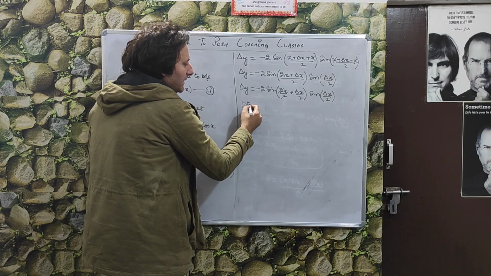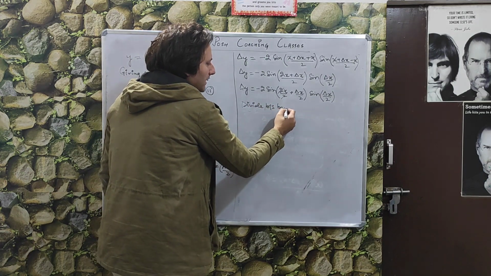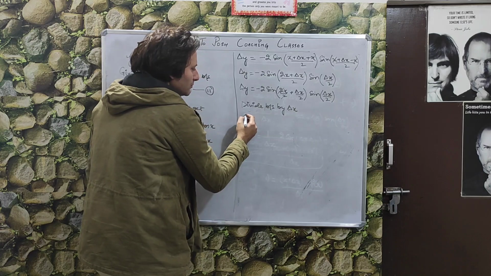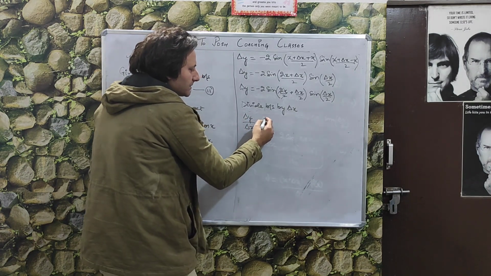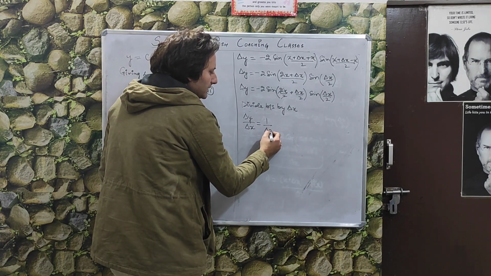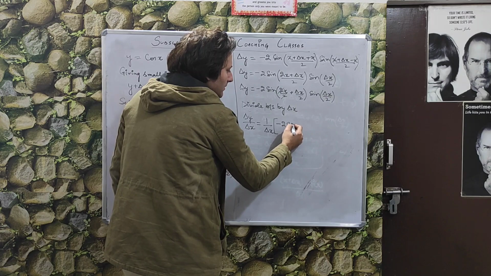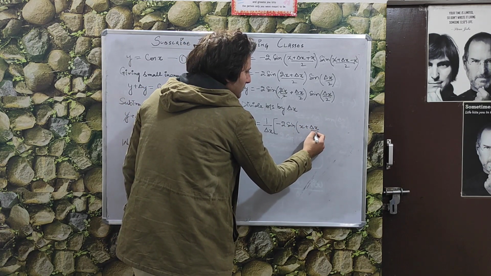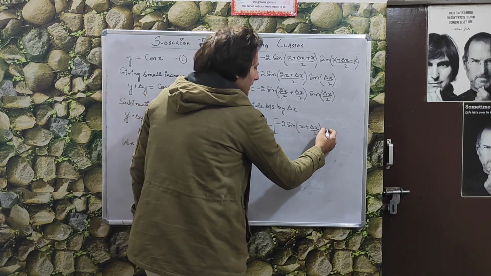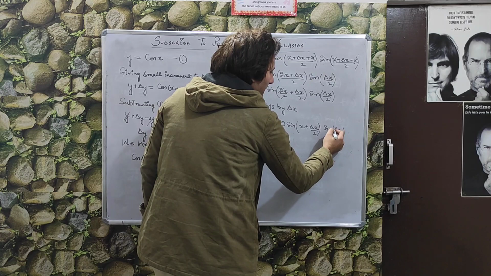Now we will divide both sides by delta x. So what we have, delta y upon delta x is equal to 1 upon delta x, then we have minus twice sine of x plus delta x by 2, and then sine delta x by 2.